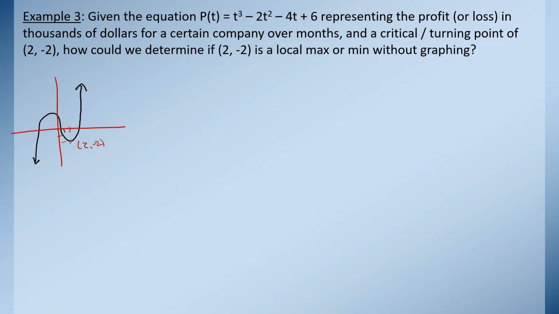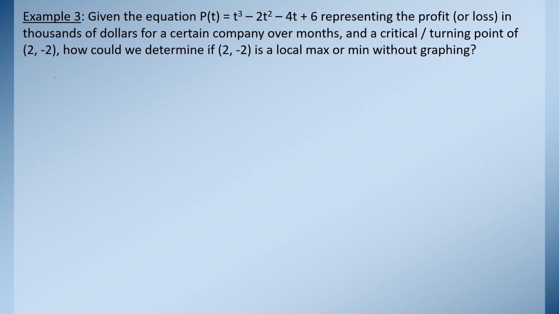2, -2. Is it a max or is it a min? Now I've drawn it to look like a minimum, but maybe it's not. Maybe the 2, -2 is the other one, because I just threw in the axes myself, right? So how could I determine if that is a maximum or a minimum? Let me draw it the other way.